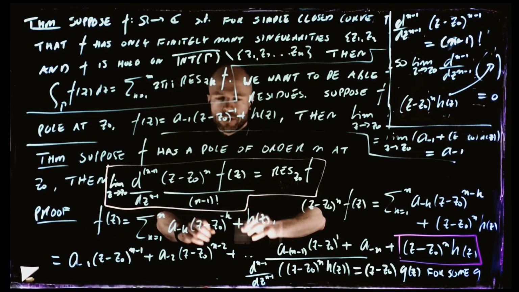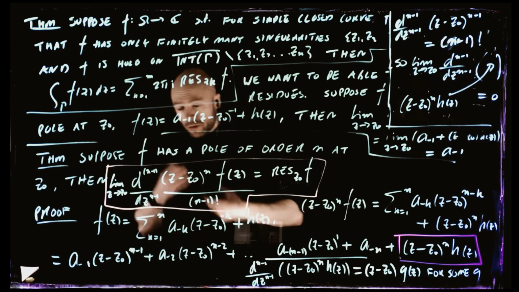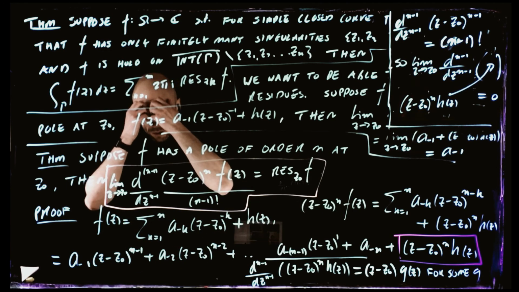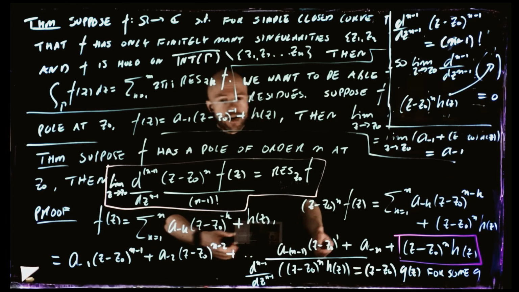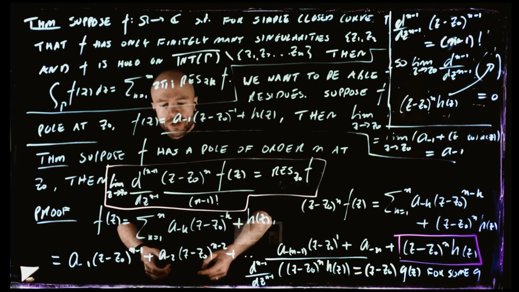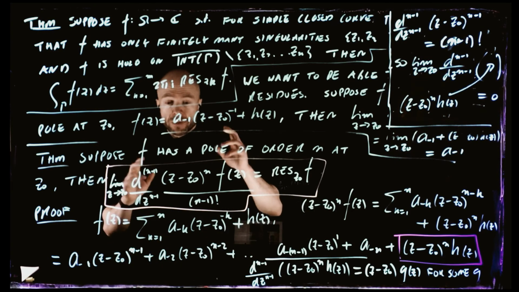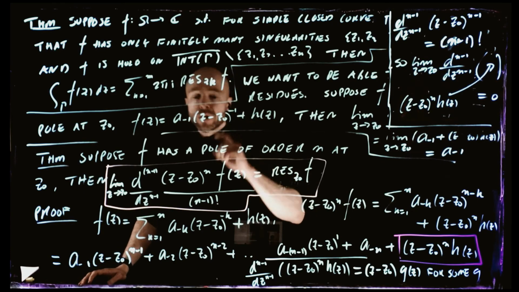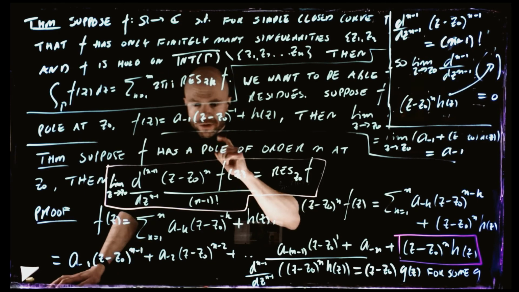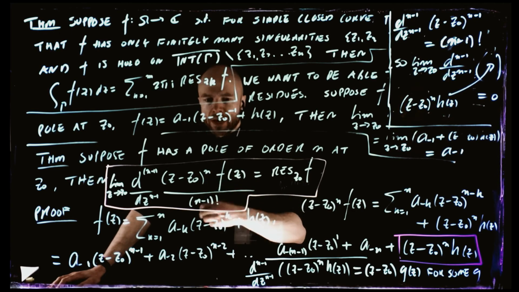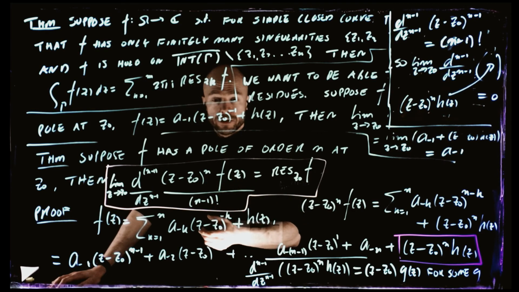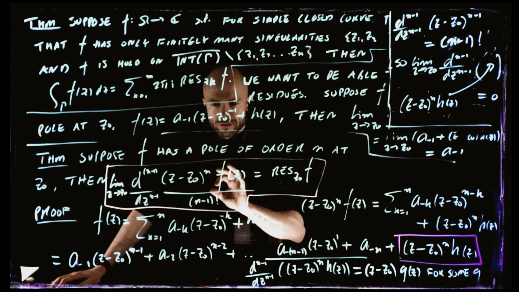Do not memorize this. The way to know this is to take a piece of paper and try and work out the formula for yourself, just from the representation, just from some vague memory. Okay, this is the only thing you're allowed to remember. The only thing you're allowed to remember is that you're going to take the expansion for f, and you're going to multiply it by z minus z0 to the n, and then you're going to do some differentiation. That's all you're allowed to remember.